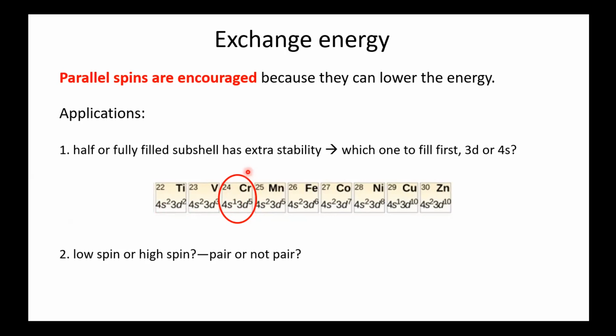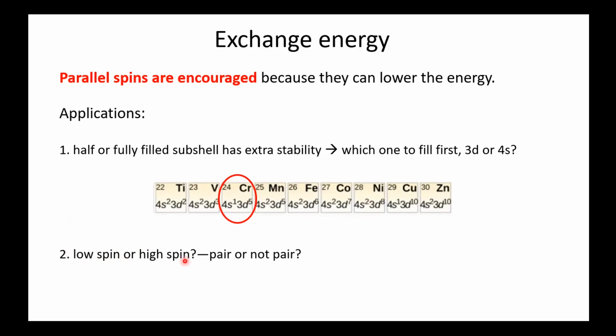Something similar also happens to elements going down the periodic table. So I believe we have ruthenium below chromium, and you can check that similar cases happen for that element, because once we have the subshell half filled, there's extra stability. Also, it relates to low spin or high spin.